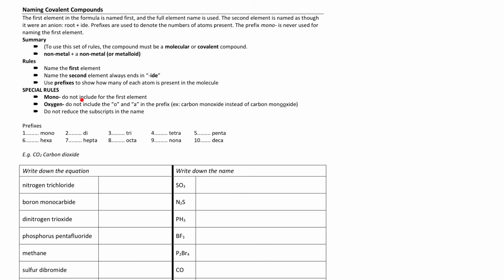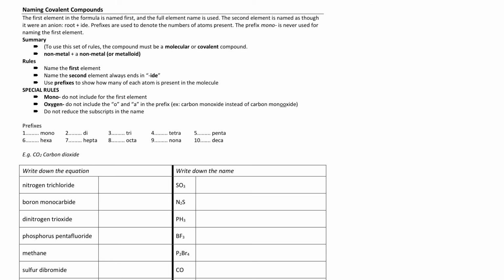The mono you never use for the first element. And for oxygen, you don't include the O or the A in the prefix. So for example, if you got carbon monoxide, you write it as carbon monoxide instead of carbon monooxide, so you don't include the O again in there.